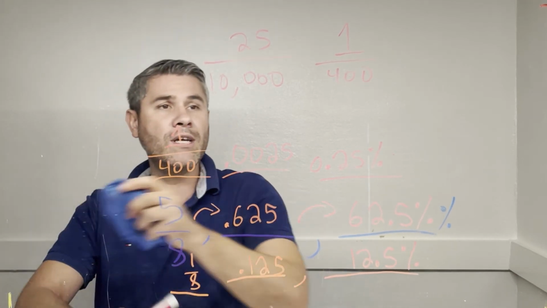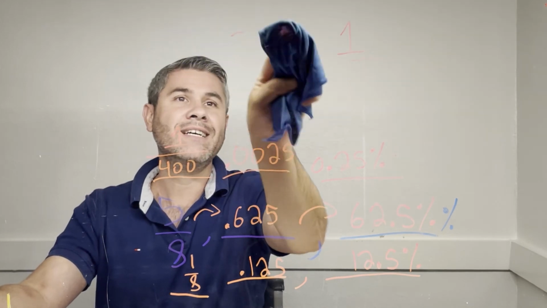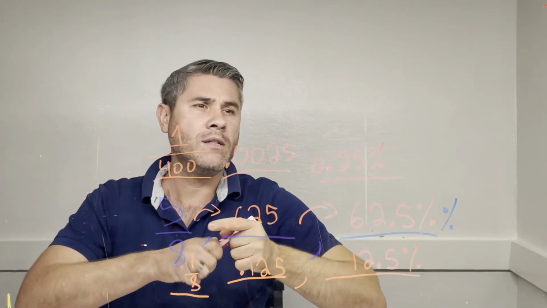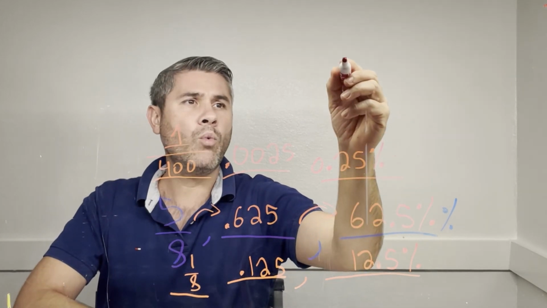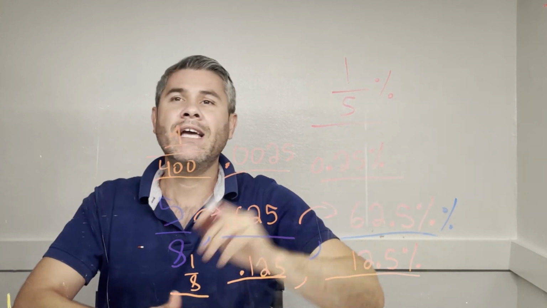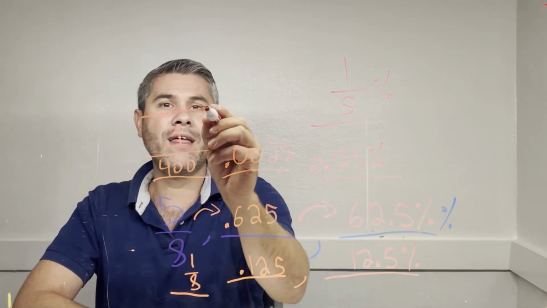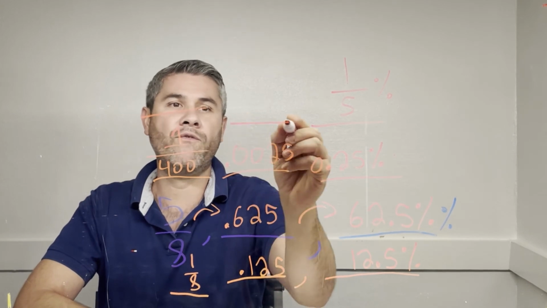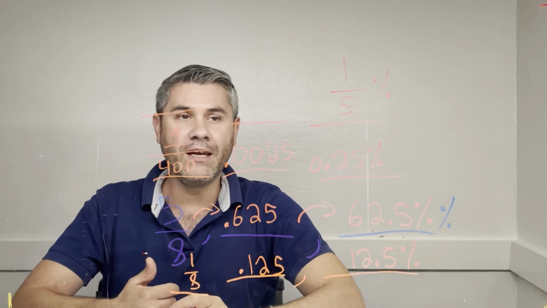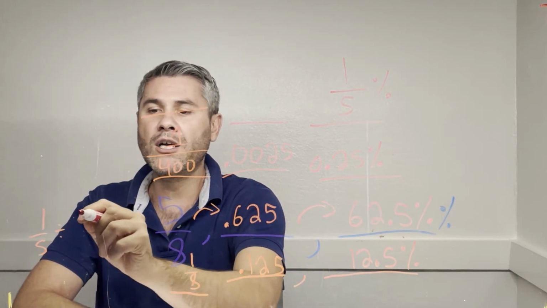And let me give you a bonus. What happens when you have a percent in a fraction format? Example, let's put 1/5 of a percent. Either we could convert it to a decimal, or I'll show you a shortcut how to make it really fast into a fraction. Here, if you remember the topic of dividing, 1/5 needs to be divided by 100.